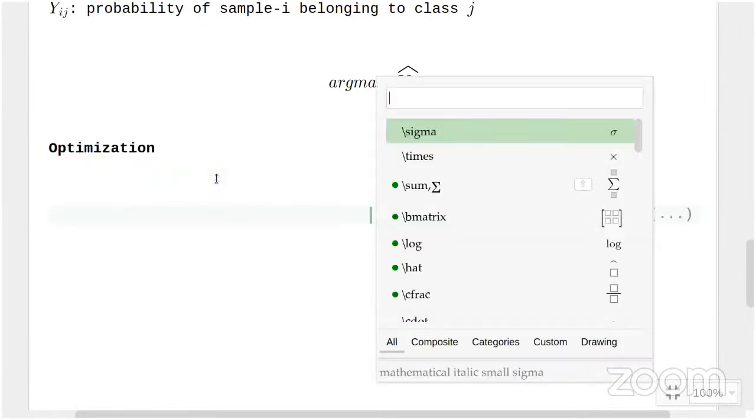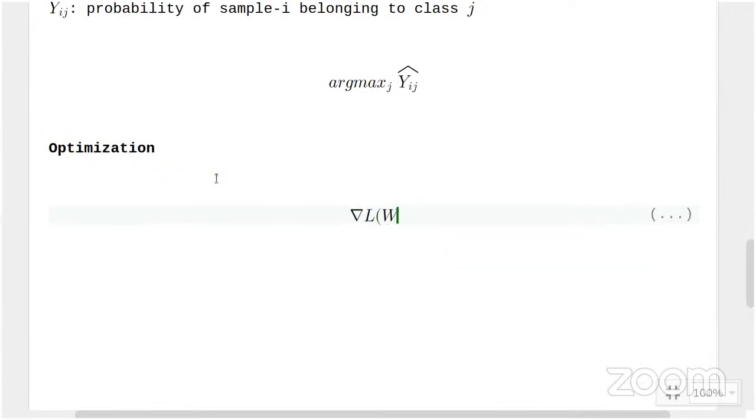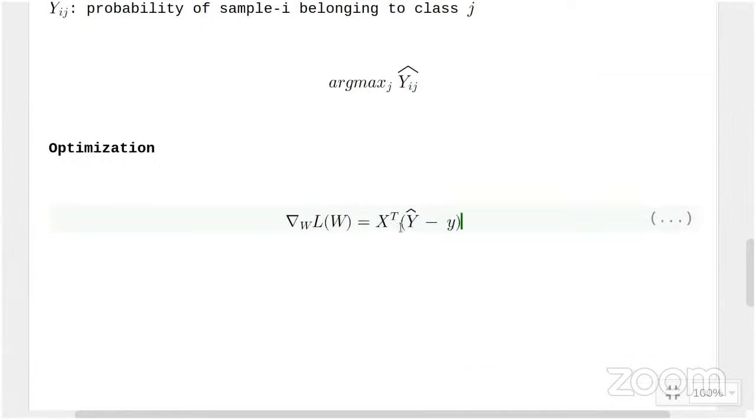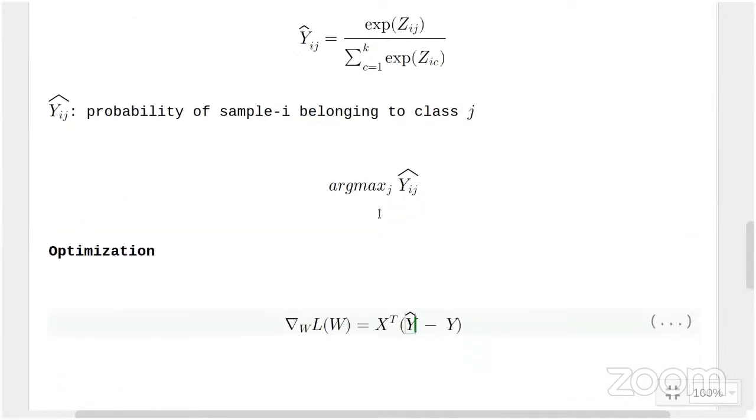Interestingly, the gradient of the loss is a matrix, since your weight is a matrix, and it has a nice expression. Recall that this X transpose was there for logistic regression also, and there it was sigma of XW. Here it's softmax of XW plus B.